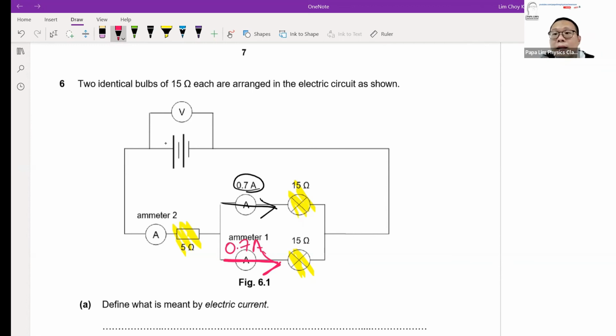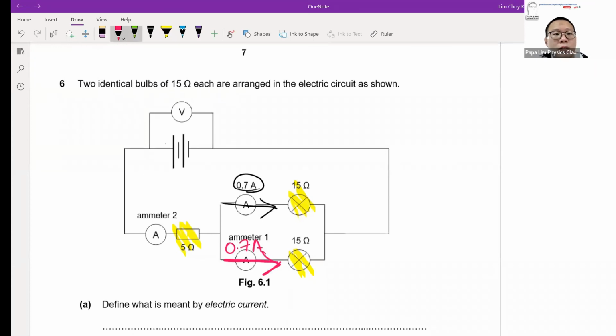Two identical light bulbs mean the specifications and the experience will be the same. So if the first light bulb experiences 0.7 amp, the second light bulb will also experience the same thing. So for the upper light bulb and lower light bulb, the current is the same, 0.7 and 0.7.